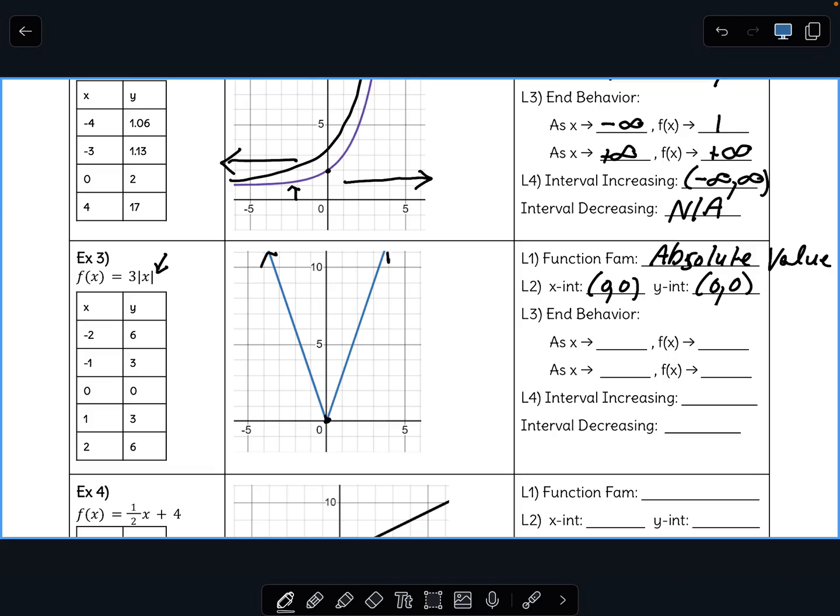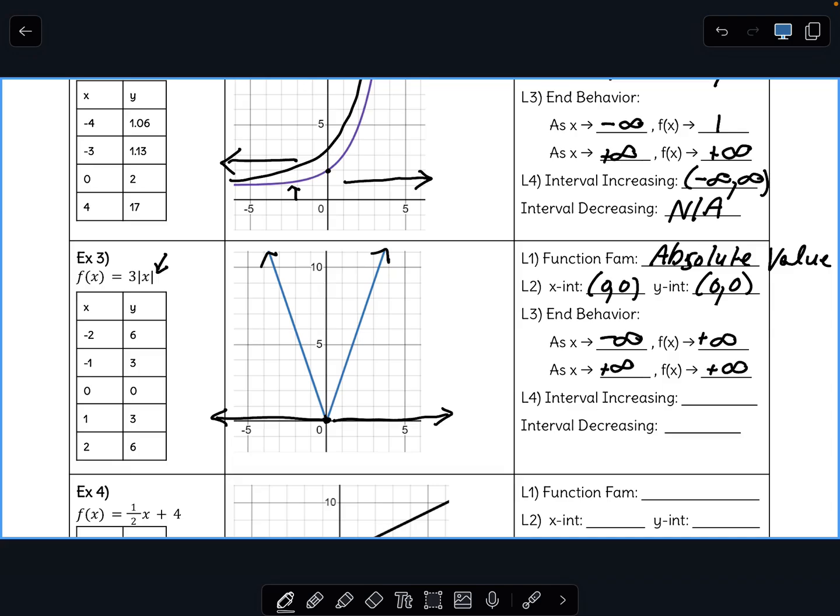So let's look at what our ends are doing. So as x is approaching negative infinity, our f of x, or our y, is approaching positive infinity. Okay? And as our x is approaching positive infinity, so is our f of x, our y.